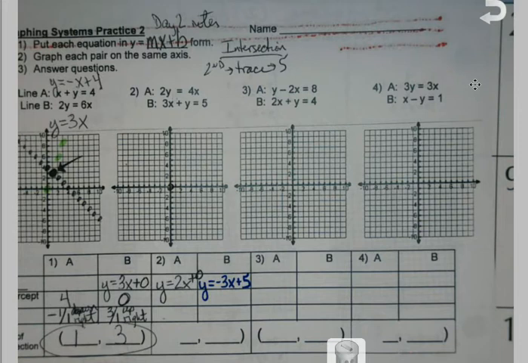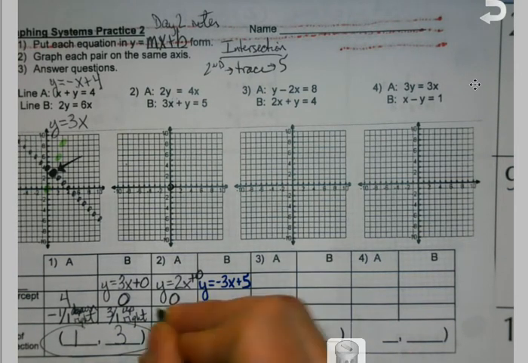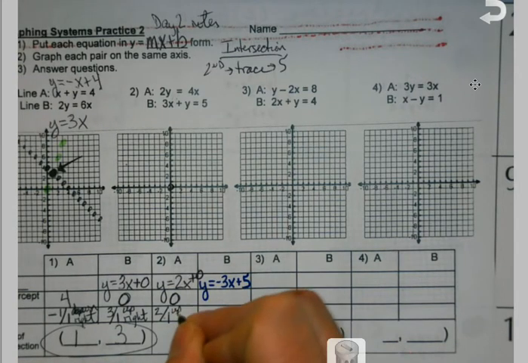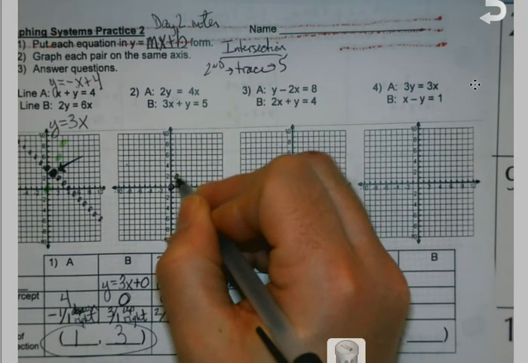What's my slope this time? 2 over 1. So what's that mean? My slope's 2 over 1. Where am I going? Yeah, up 2 and right 1.